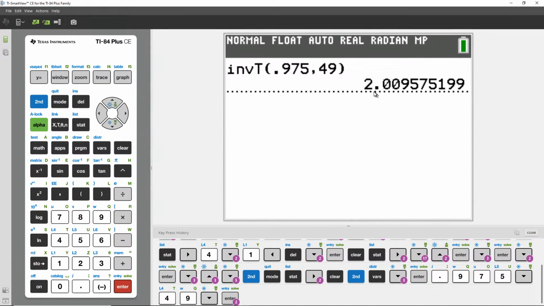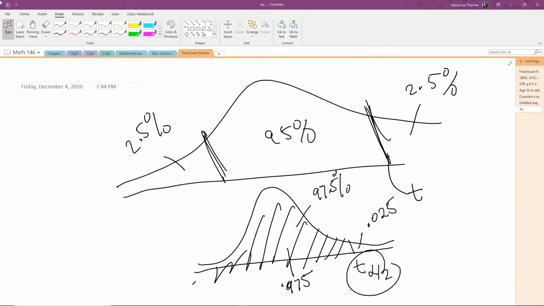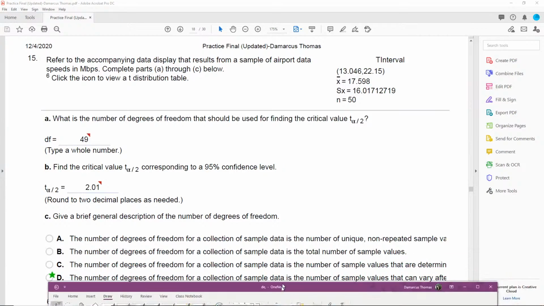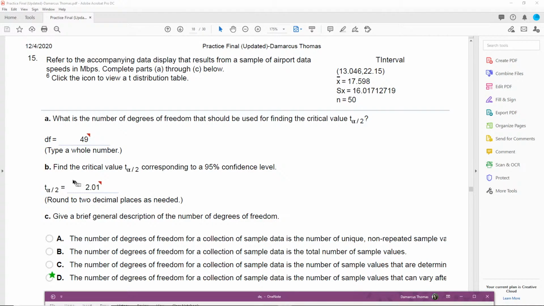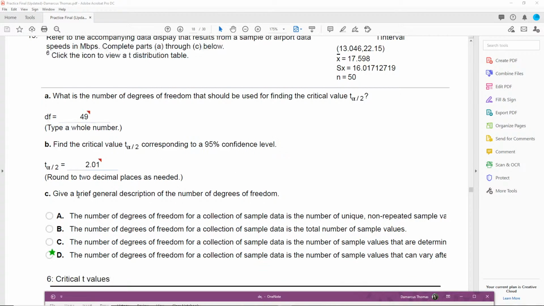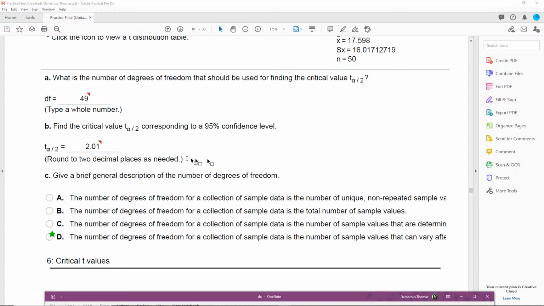And look at what I got. I got 2.01, and that's what they got for their answer. 2.01 for the critical value. And now we have to make a statement. Give a brief general description of the number of degrees of freedom.